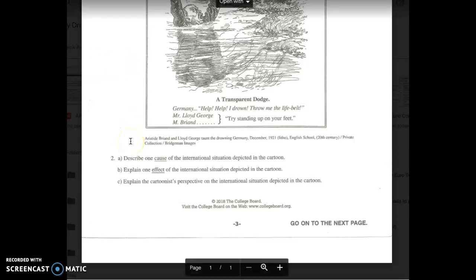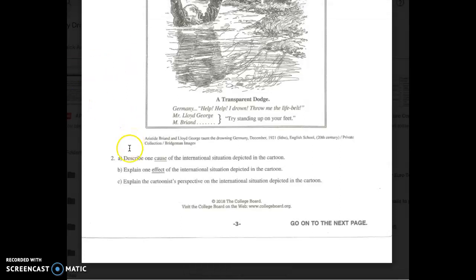So what I'm going to do is read a student answer for Part A that the College Board gave full credit for, and I want you to notice that this was answered in 3 sentences. So here it is. It says, describe one cause of the international situation depicted in the cartoon.